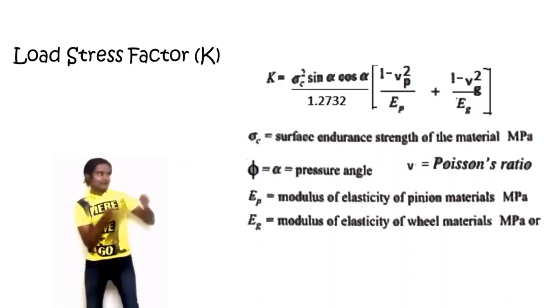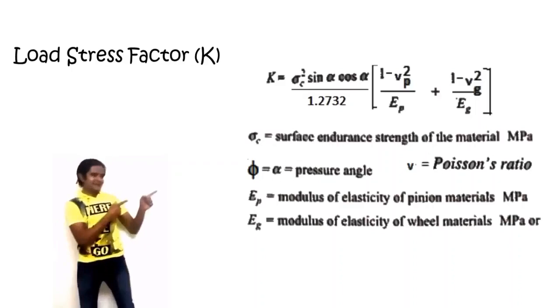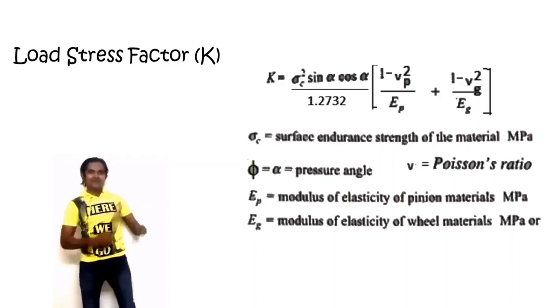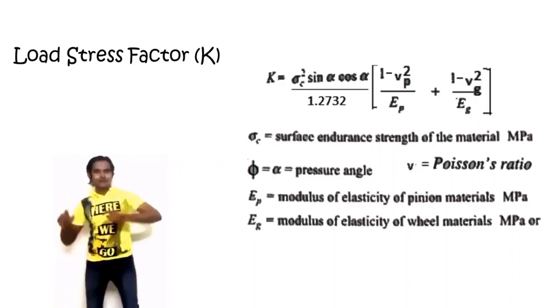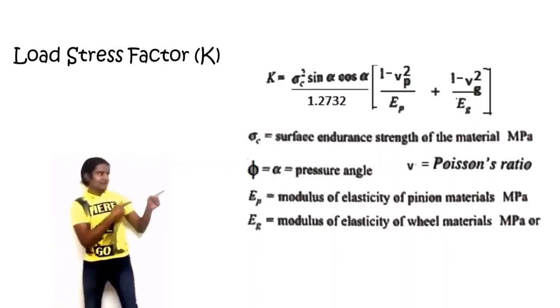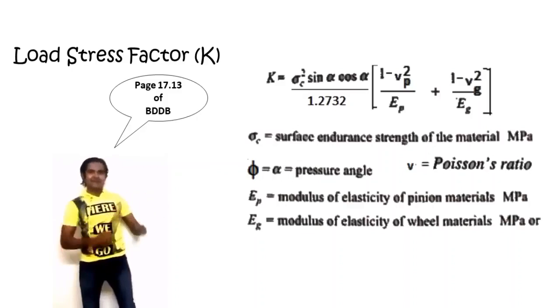If these values are given in the numerical, then you should use this formula for load stress factor, which is sigma C square upon sine alpha cos alpha upon 1.2732 into 1 minus Vp square upon EP plus 1 minus Vg square upon Eg. You can use this formula. It's given on page 17.13 of Bhandari design data book.